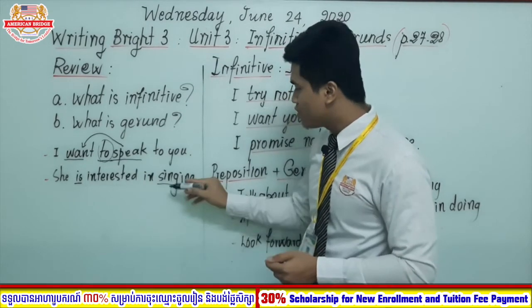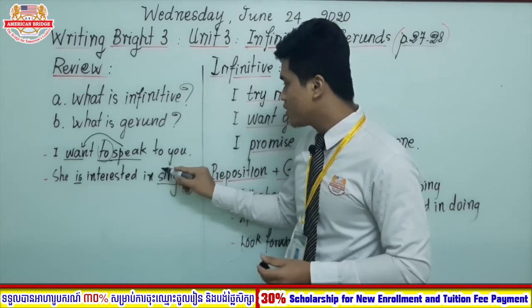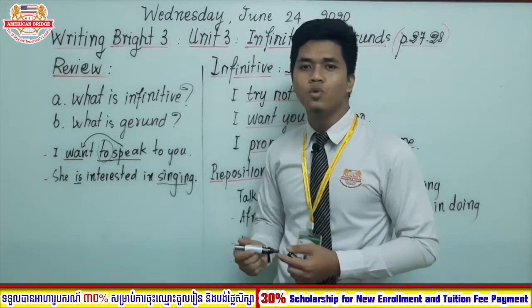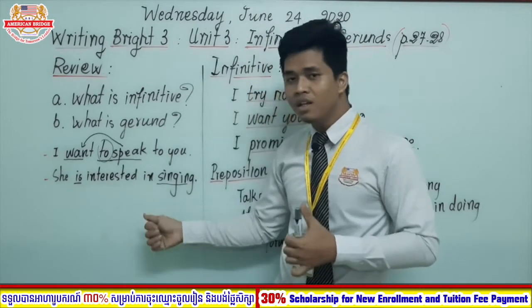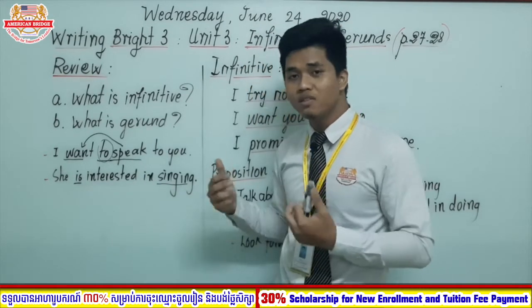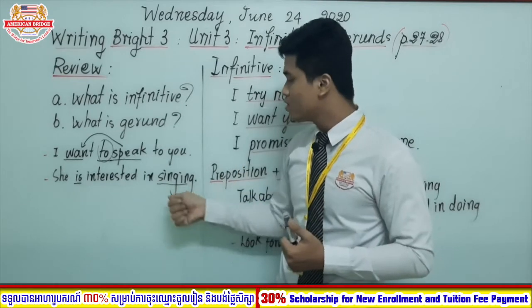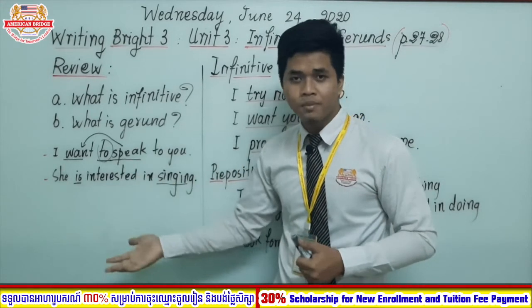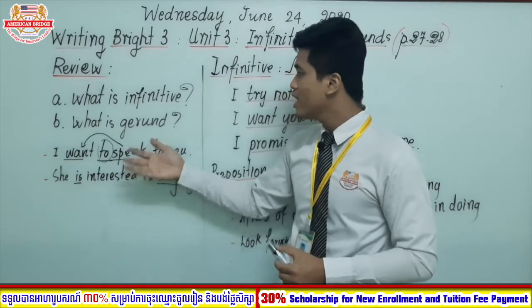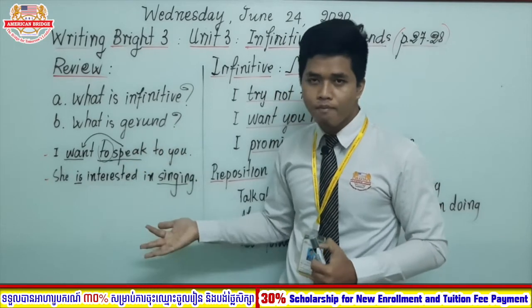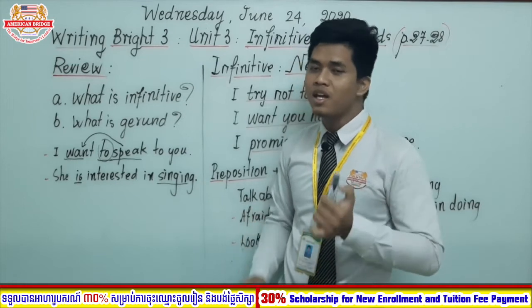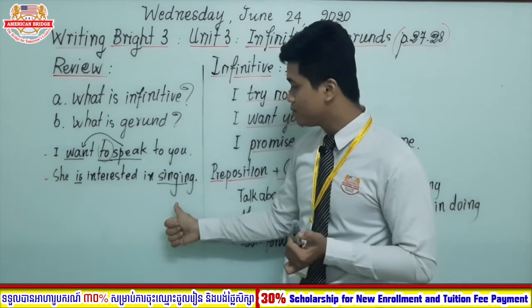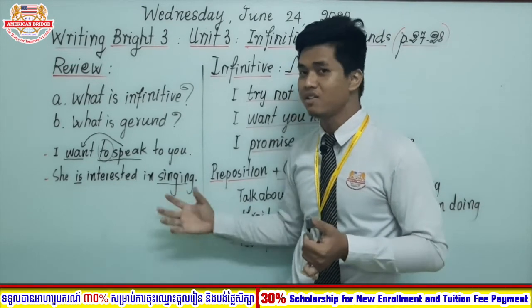So this is an object of the verb to be, because she is interested in singing, in doing something. So this one is just the object of the sentence. So gerund refers to the verb that ends with ing, and it functions as a noun in this case.